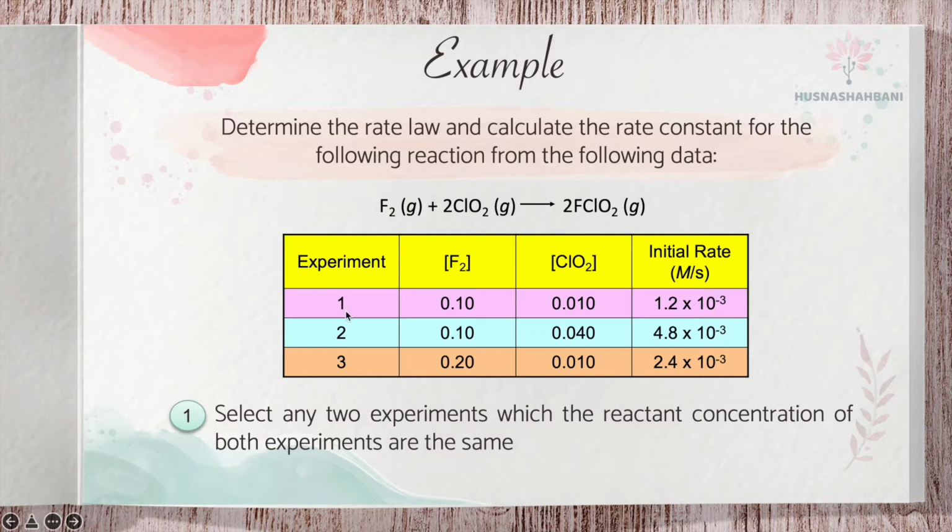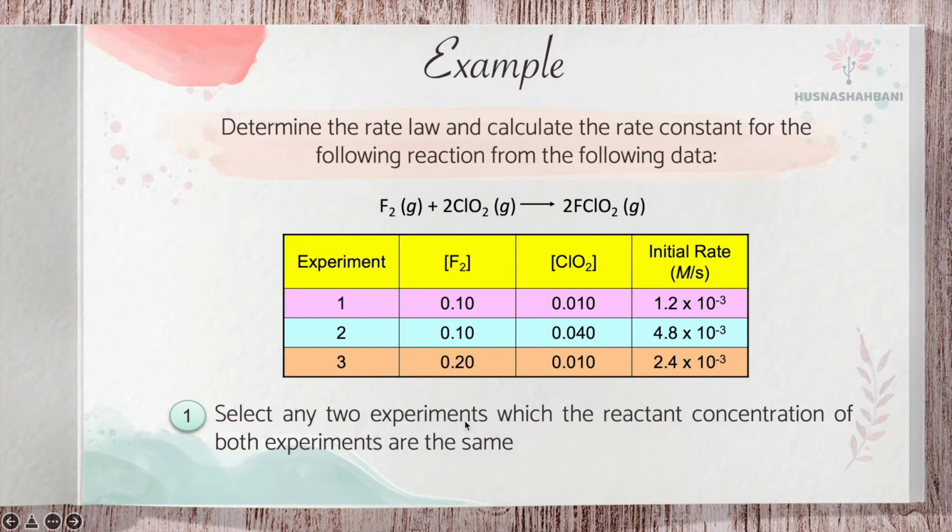So you can select experiment 1 and experiment 2 because these two concentrations are the same. Or you can also select experiment 1 and experiment 3 because the concentration of reactant ClO2 is 0.01, and for experiment 3 also 0.01.